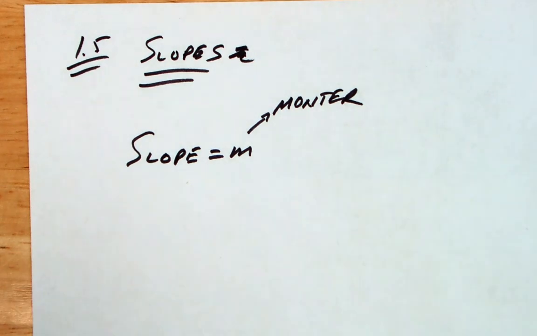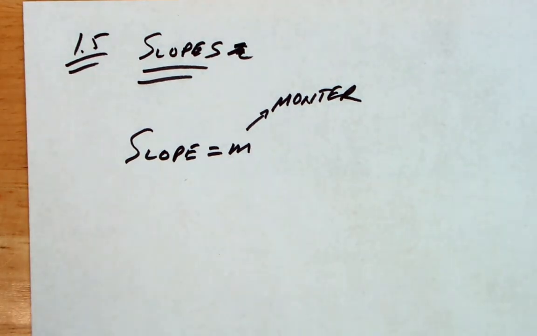There's no written documentation. But I think some early mathematician was like, we need to pick something for slope. How about to rise means monter? Let's use M. And then everybody was like, oh, that's a great idea. That's my opinion. I think that's probably what happened.